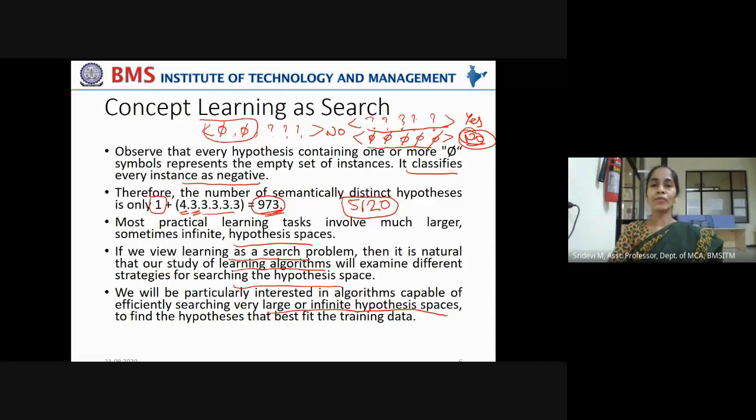Remember, you have to find out which algorithms are very efficient in searching the best hypothesis from this infinite space, to find the hypothesis that best fits the training data.